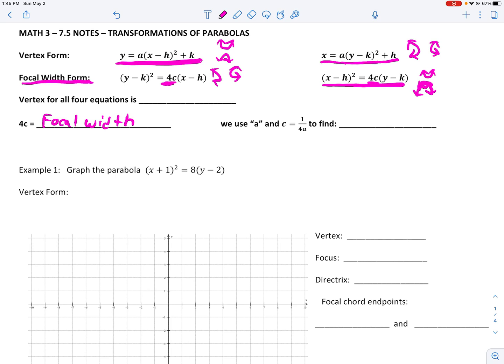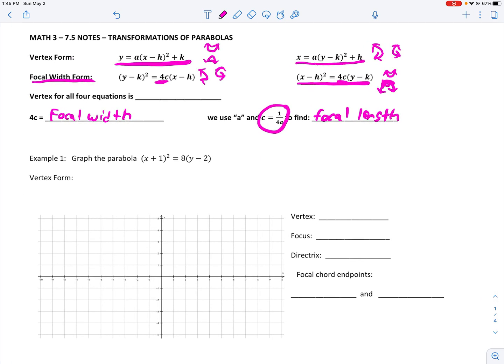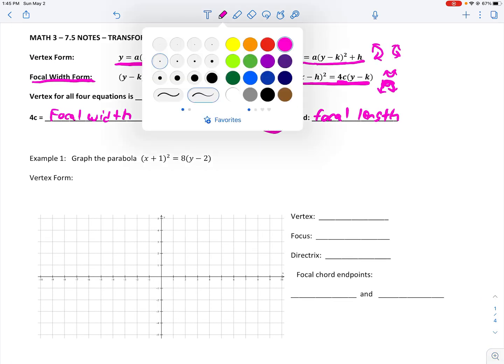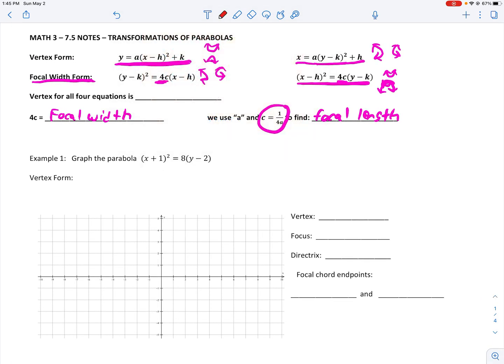So remember, we use the a value to find 1 over 4a, which is called our focal length. Okay, so again, what's nice is if you have focal width form, you can forego the 1 over 4a and use the 4c and kind of work backwards to find c.